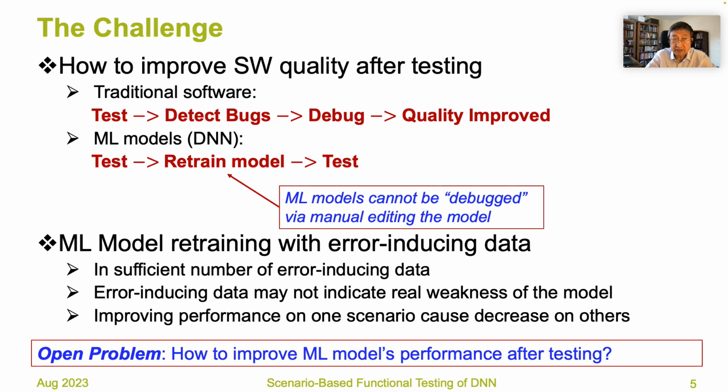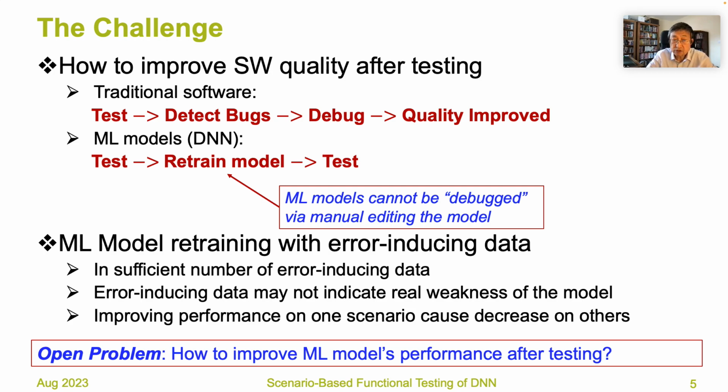The errors we detected in the testing are very limited in number, and they are not very indicative of what is the real weakness of the model. So after we retrain the model, even using the error-inducing data, it does not necessarily improve the model's performance.